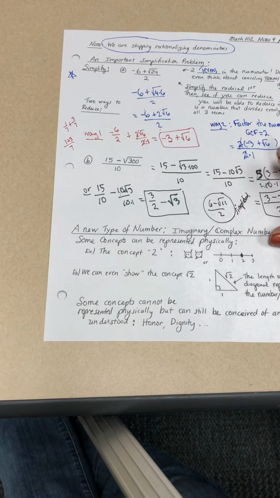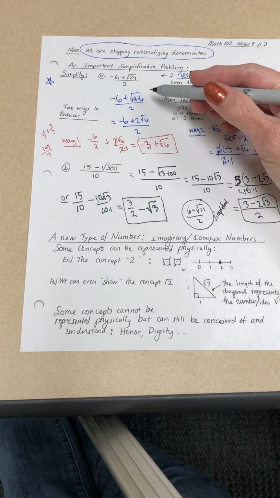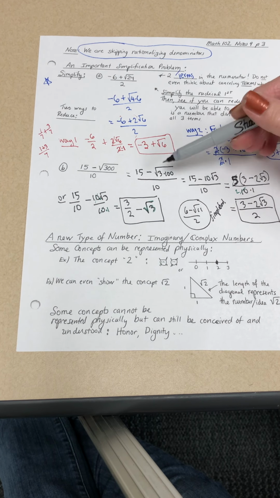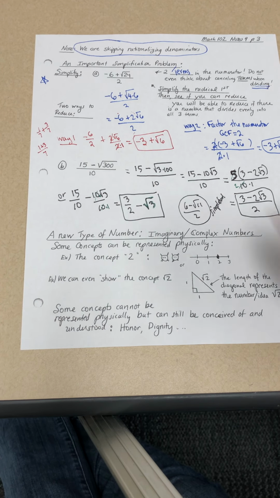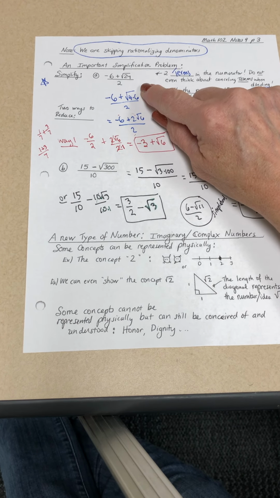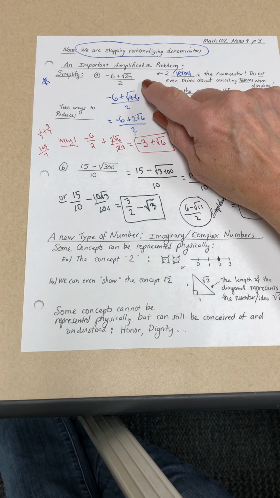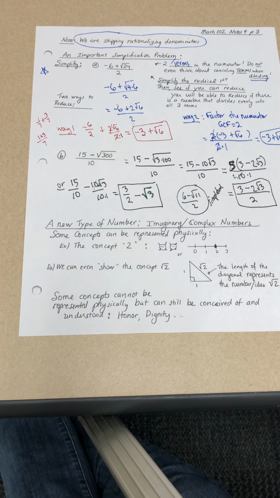So remember the process. See if you can simplify the radical first. If you can't, there's nothing you can do. Once you've simplified the radical, see if the fraction will reduce. And I'm hoping some of you recognize this expression. Have you guys ever heard of the quadratic formula? Yeah? Well, when you use it, you get things like this. So we need to be able to deal with it. So we're going to look at the next part of page 3 on the next video.